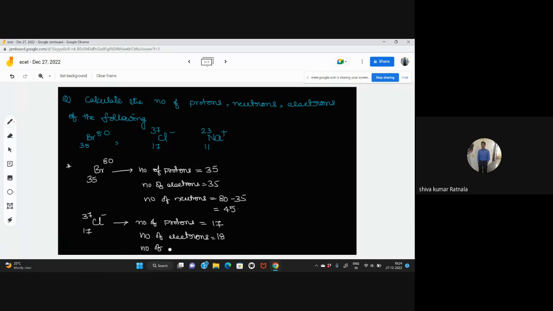And the number of neutrons is mass number 37 minus 17, that will be 20. So for positive charge we need to subtract the electrons, and for negative charge we add.